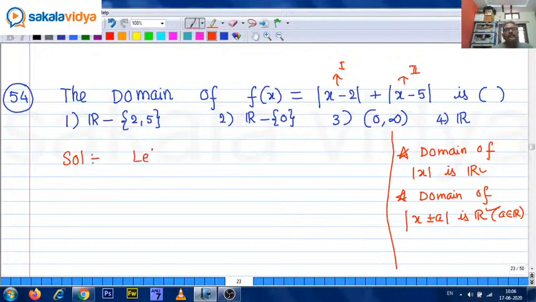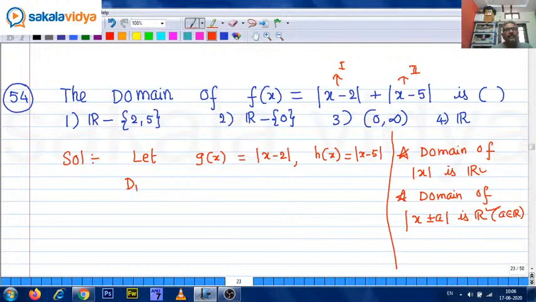Let us say this function is g of x, mod of x minus 2, and h of x is mod of x minus 5.